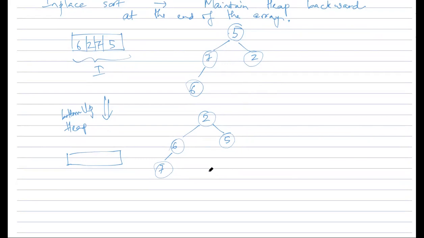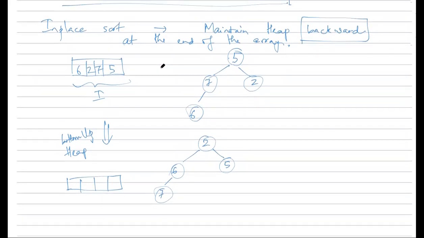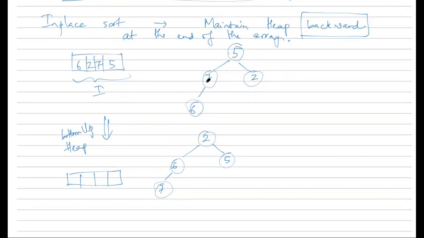So now from here, let's say because of applying the heap order property, so you can see 5, 7. One important point to note here is that we are maintaining the heap backward. So it's 5, 7, 2, 6.